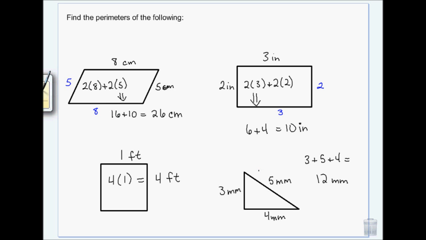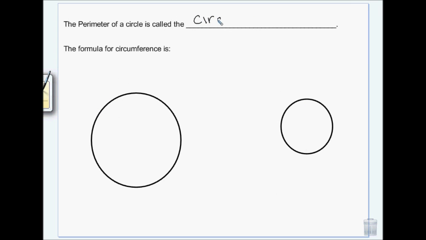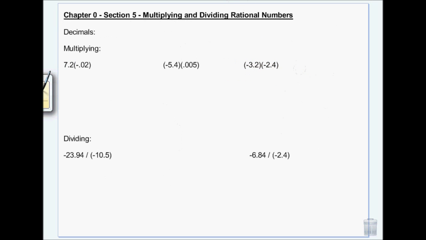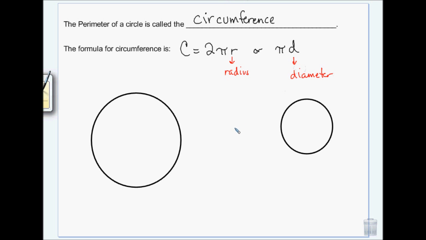A perimeter on a circle has a name. Circumference. Okay, and the circumference for a circle is either 2 pi r or pi d, where r is the radius and d is the diameter.